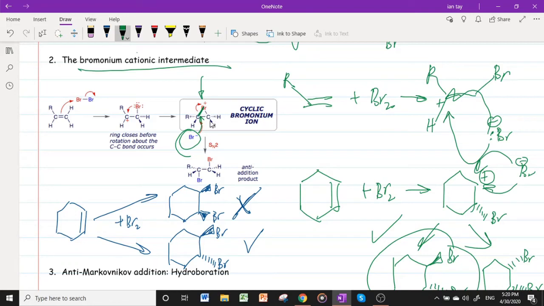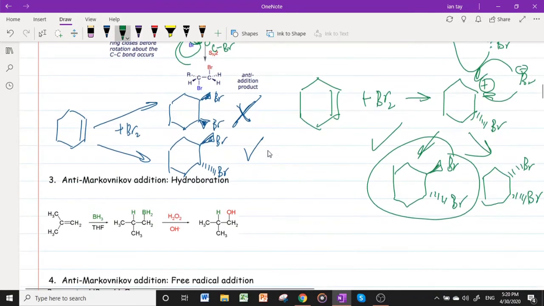Or I can think of it as, because we want to break this C-Br bond, we want to attack the anti-bonding orbital of this C-Br sigma bond, and its major lobe will be facing in the opposite direction of the C-Br bond. So the result is an anti-addition product. That is why the syn addition product is not really observed.